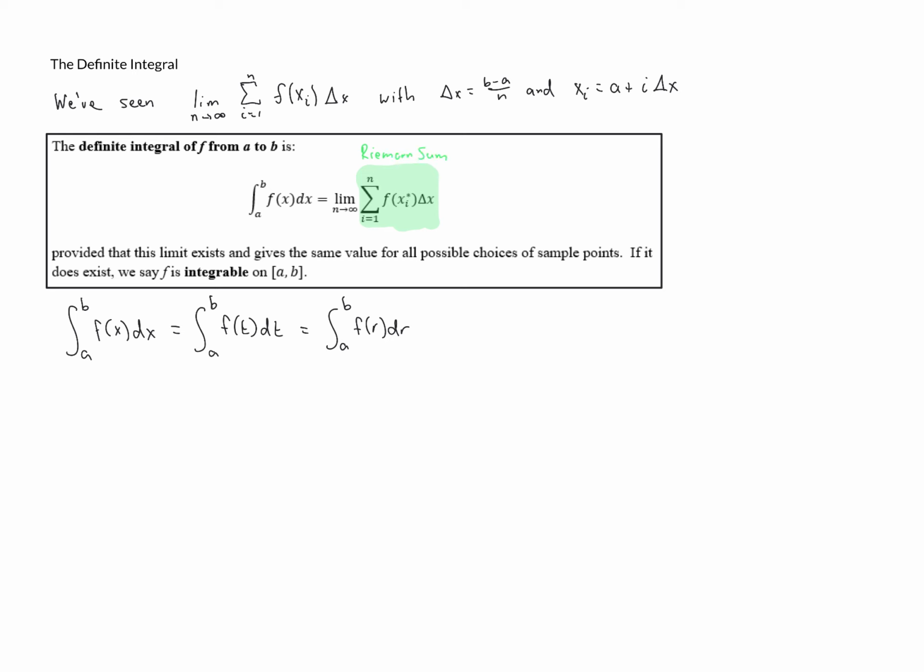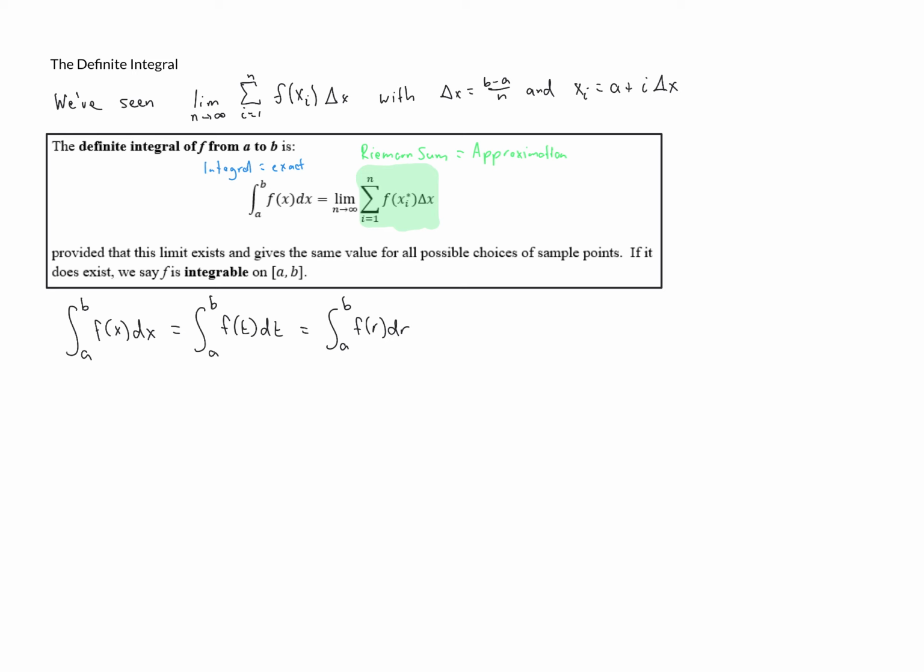The Riemann sum gives us the approximation for the area under the curve, the approximation for the total distance traveled. And the integral, on the other hand, is what we get when we take that limit. The integral gives us the exact area under the curve, or it would give us the exact total distance traveled.